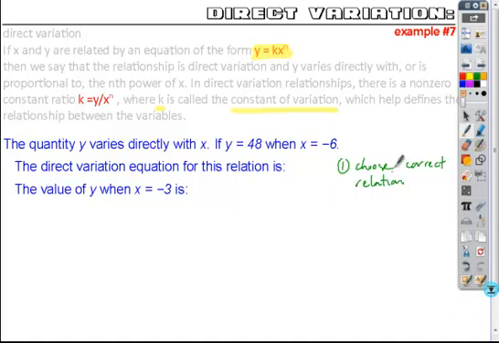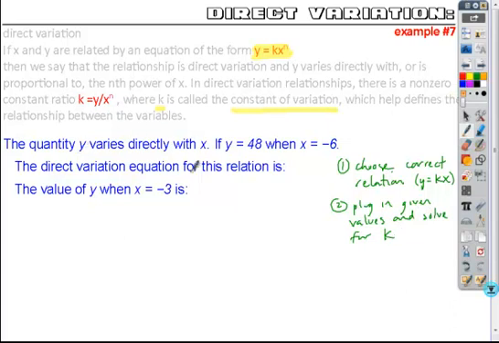In this particular case, you're using y equals kx to some power, whatever it happens to be, and you'll see it as we go through some of the questions. Then after you choose the correct relation, you're going to plug in the given values and solve for k. You want to find what your constant of variation is.